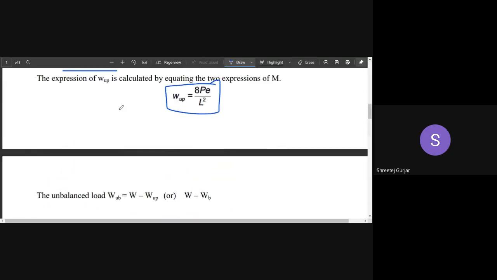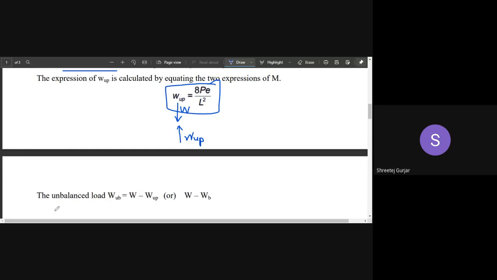So next thing, after you calculate your WUP, this is your upward thrust which is acting, and then you have certain superimposed load W which is acting, and then this is your WUP which is acting. So there is certain amount of unbalanced load, right? So how can we calculate that unbalanced force?